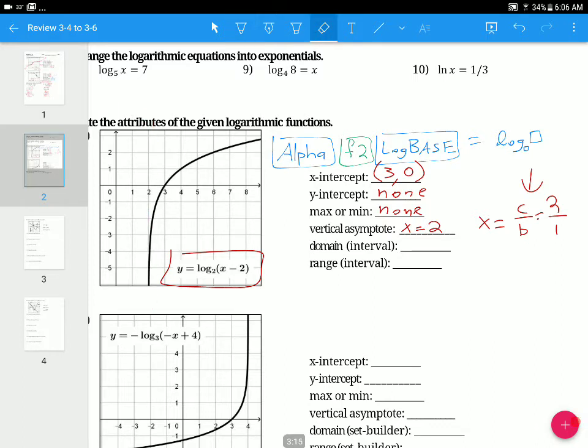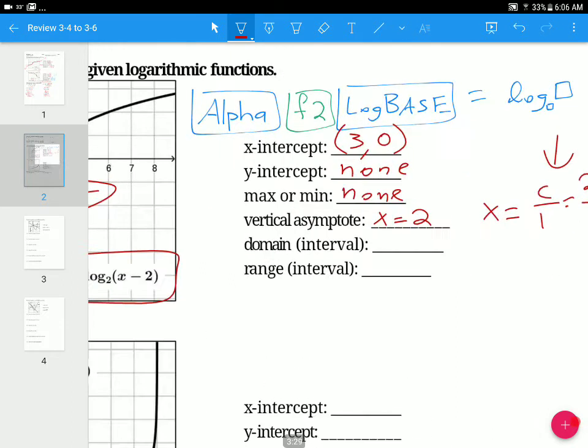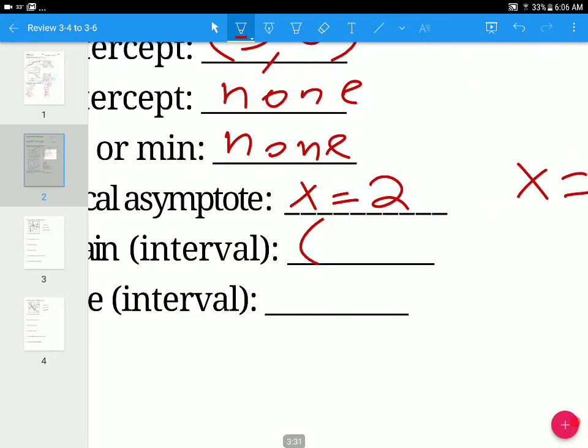All right. The domain in interval notation, again, your domain is that c over b, to infinity to the right or infinity to the left. It's an asymptote either right or left. In this case, it's going to the right, so your domain will be from that 2 to positive infinity.